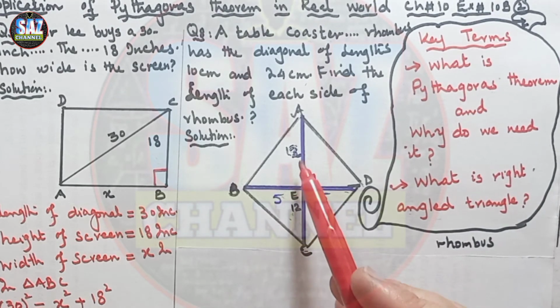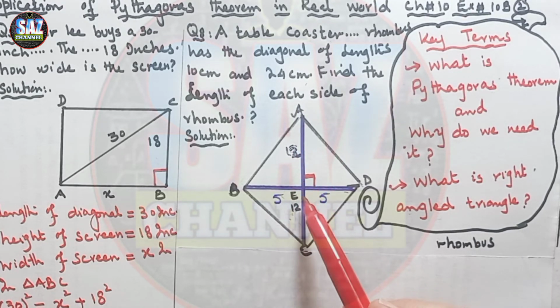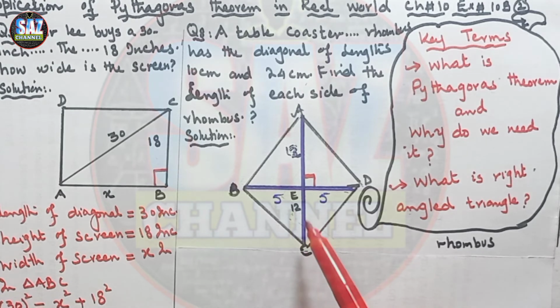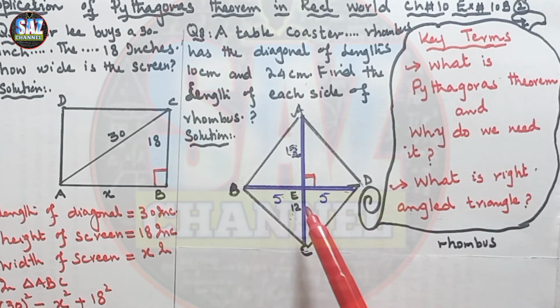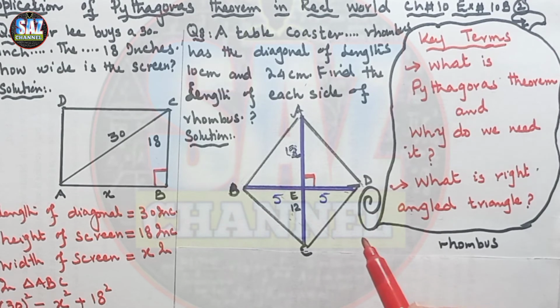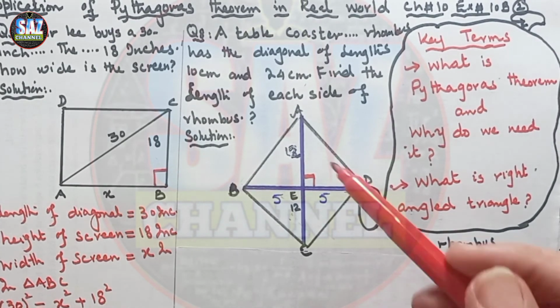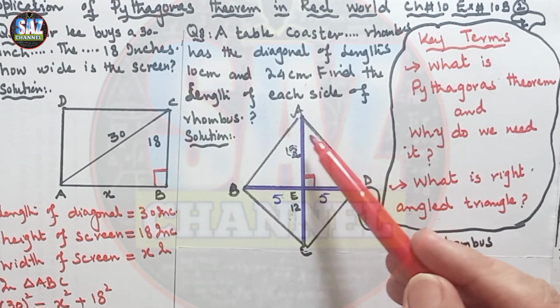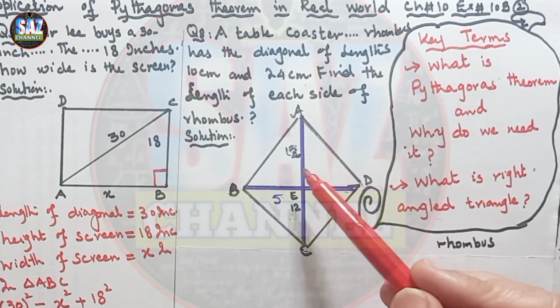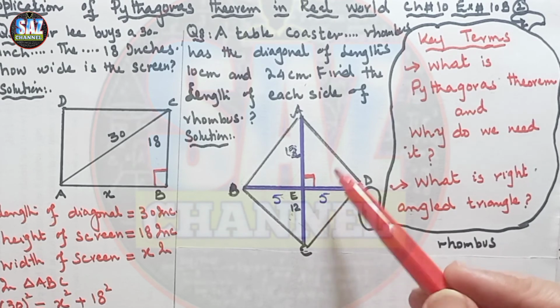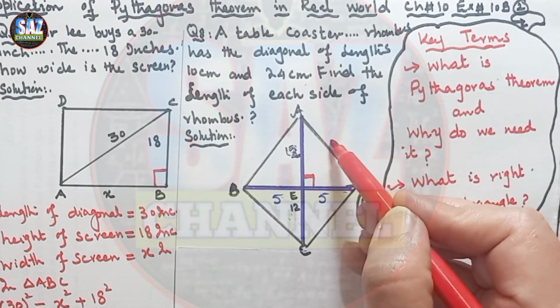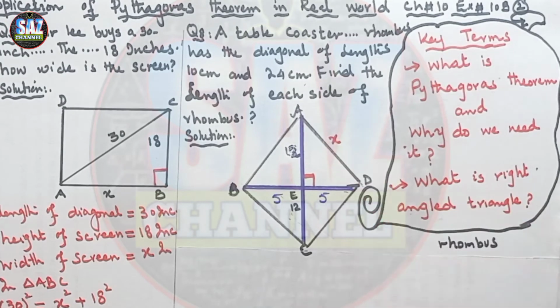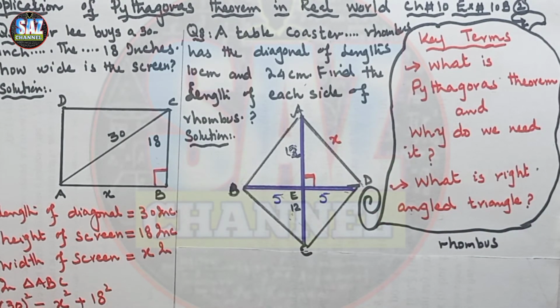Due to the intersection, half of the 24 centimeter diagonal will be 12, and the 10 centimeter length will also be divided in two parts. In order to find the length of each side of this rhombus, we can take any one of the triangles because all four triangles are identical, and the length of the missing side will be the same for all the rest of the triangles.